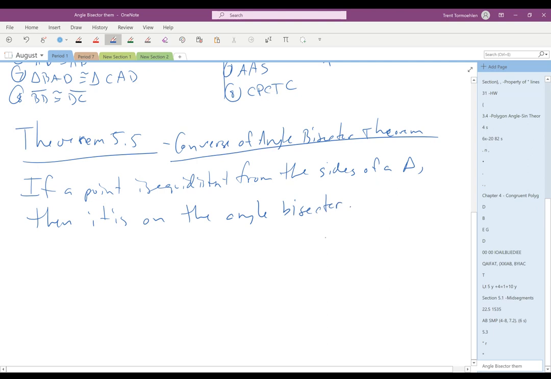Again, we won't go through and do all this proof, but let's at least prove it in our brains. We just won't formalize it. This time you want to show that if I draw in from here to here, and I know that this is congruent to that, then AD is congruent to DC because we've got this point that is equidistant from the sides.